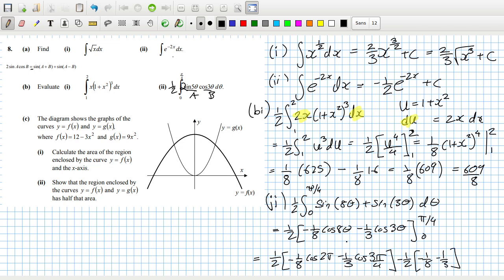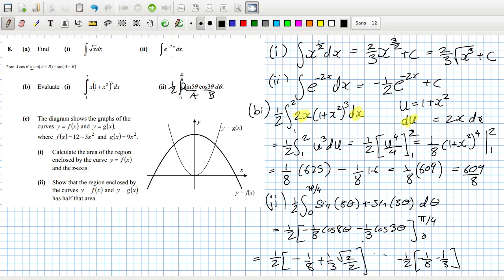Now, cos of 2 pi is 1, so I can just change that into 1. And then cos 3/4 pi, that's minus, so that becomes a plus root 2 over 2.